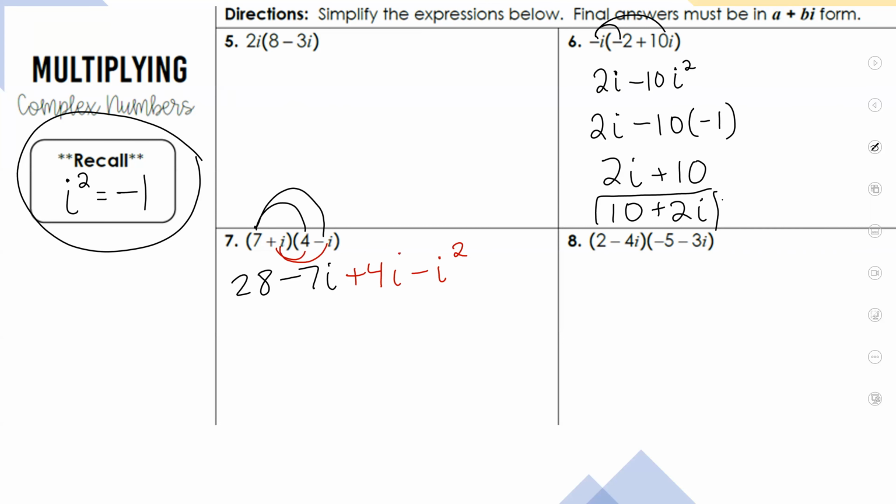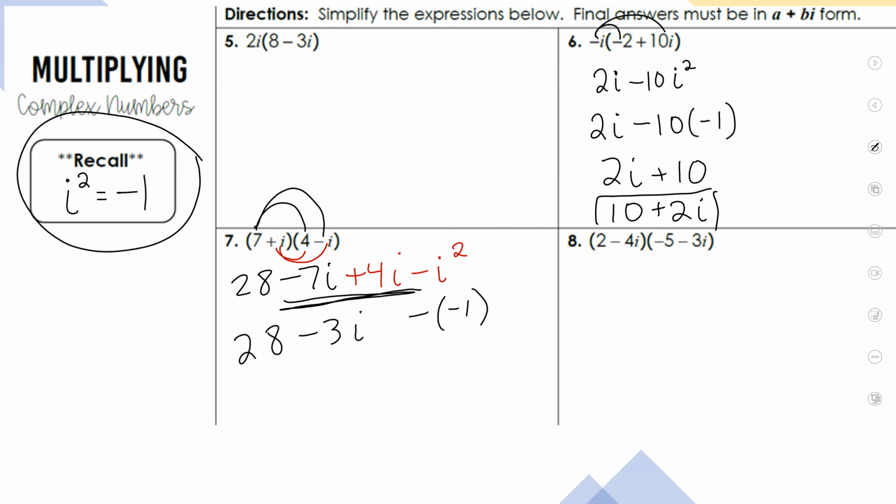Okay, now remember, i squared is just negative 1. Everything else can come down. Well, what's negative 7i plus 4i? Yep, negative 3i. So I combine the middle to become negative 3i, and i squared is negative 1.